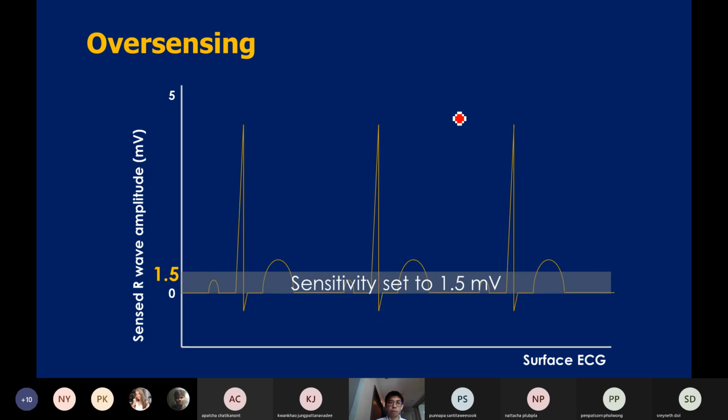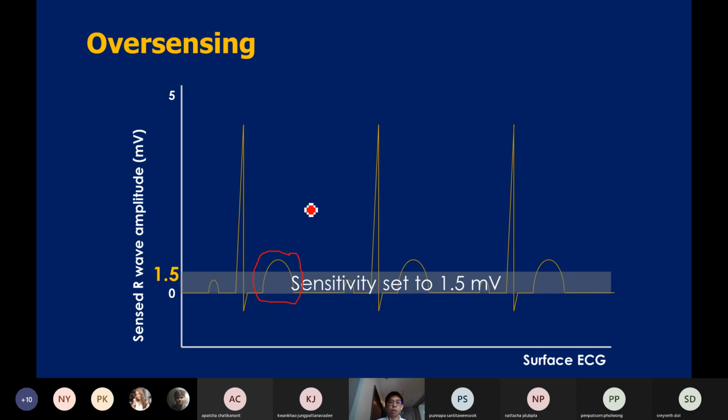And if there is something like this T wave, which the pacemaker shouldn't see as an R wave, but you set the sensitivity threshold too low, the pacemaker would misunderstand that this T wave is an R wave. So this is called oversensing.